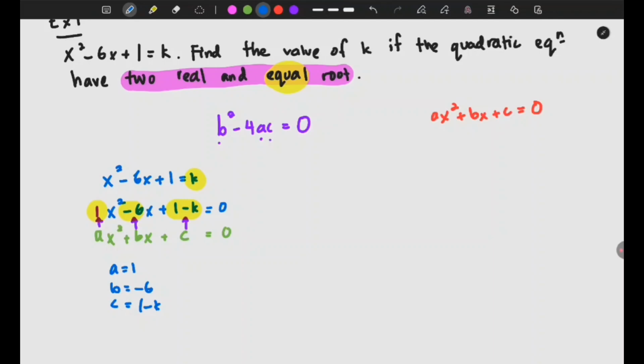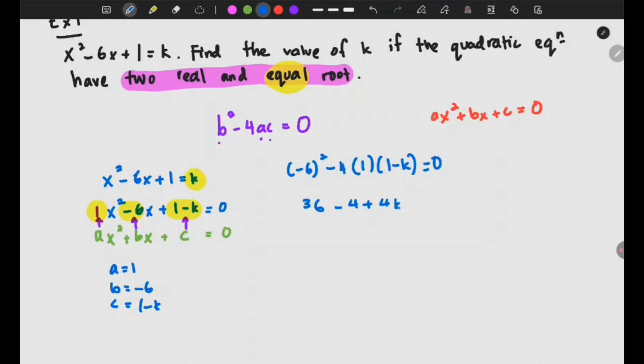My b is negative 6 squared, minus 4, and my a is 1, and my c is 1 minus k, and this is equal to 0. So negative 6 squared is 36. 4 times 1 is 4, so negative 4 times 1 is negative 4. Negative 4 times negative k is positive 4k. And this is equal to 0.